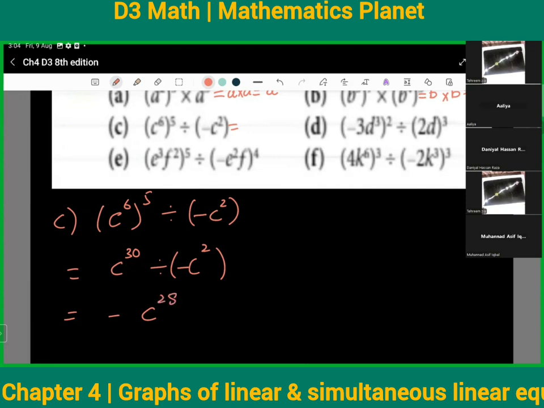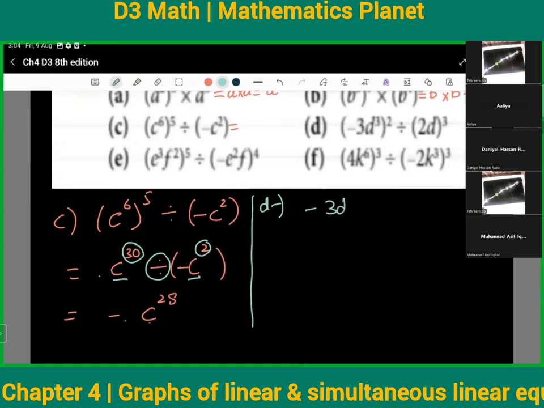Because if bases are same, we are going to subtract the power in the case of division. Bases are same, Alia. There is division. We need to subtract the power. 30 minus 2 is 28. Did you get it, Alia? Yeah, okay, got it.